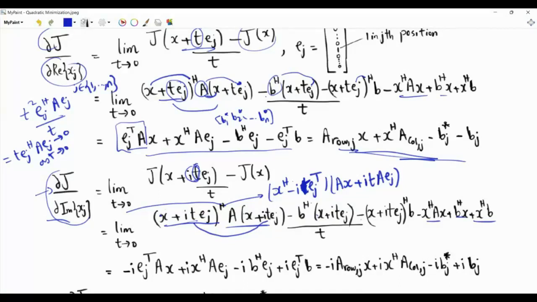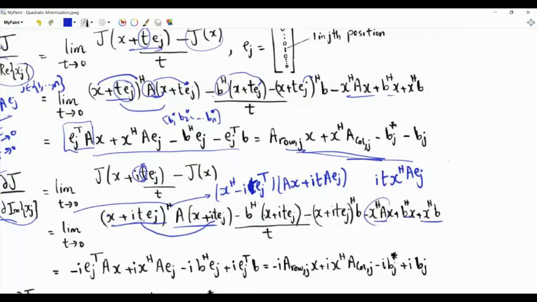Okay. So again, when we expand, x Hermitian Ax will go with this guy. There will be a term with t squared, divided by t, so something multiplied by t, it will go to 0. So the terms of interest will be I t x Hermitian A e sub small j, and then minus I t ej transpose Ax.